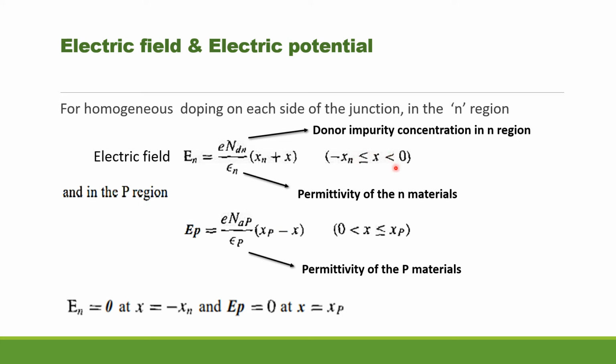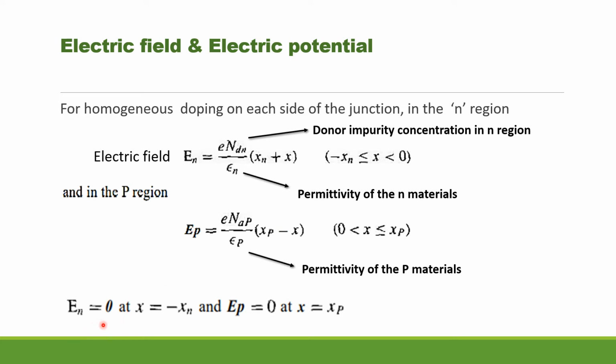minus Xn and 0. And in the P region, the electric field is given by EP equal to q NAP divided by epsilon P into (XP minus X), where epsilon P is the permittivity of the P-type material and NAP is the acceptor impurity concentration in the P region, and XP is the width of the space charge region in the P-type material, and X lies between 0 and XP.